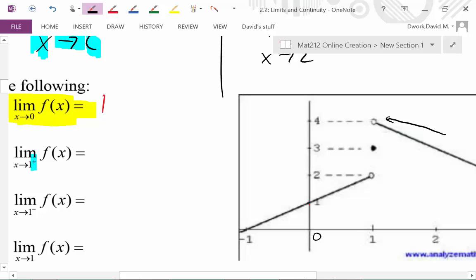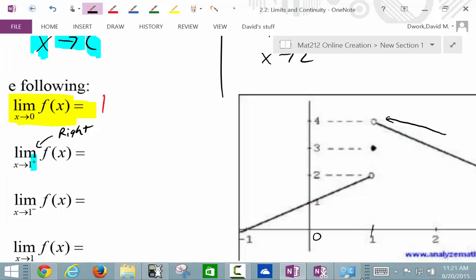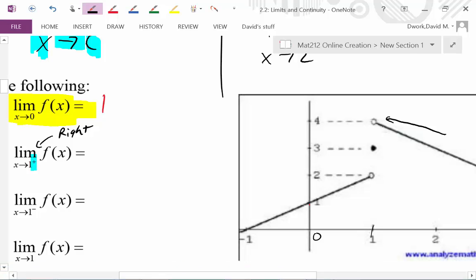That is always from the right-hand side of your x value. So we're looking at the x value 1, numbers from the right. Well, it looks like the y values are approaching 4.